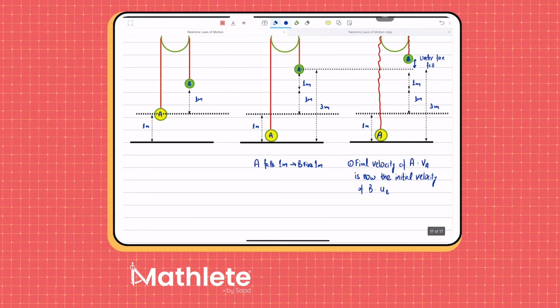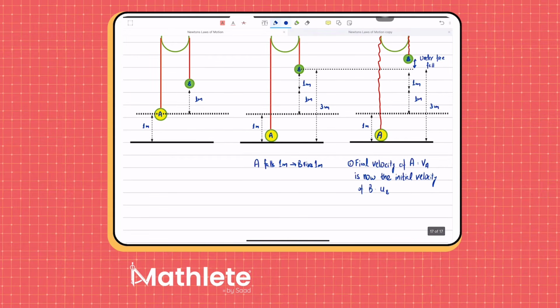Sir, why can't we say initial velocity of A equals initial velocity of B? So here's what we're doing. A's journey ends as soon as it hits the ground. That's the end of A's journey, which is why it's the final velocity.